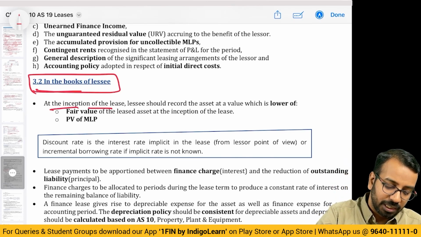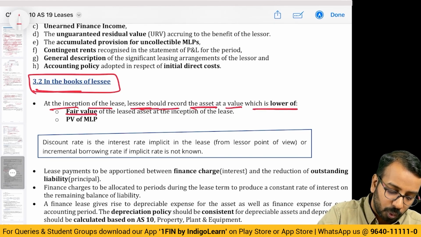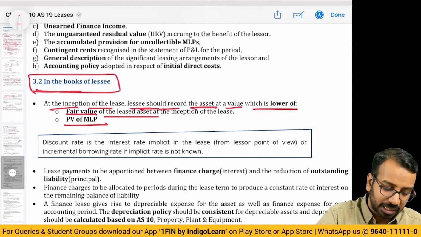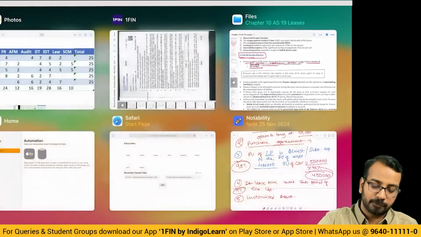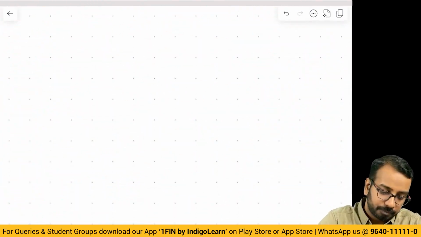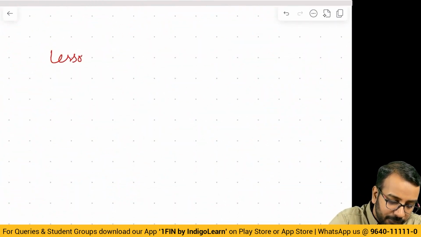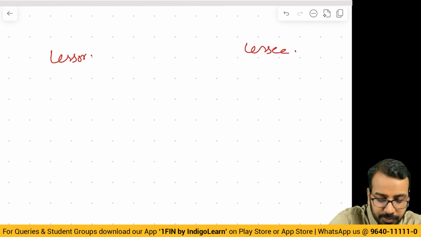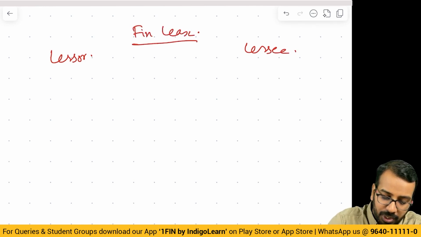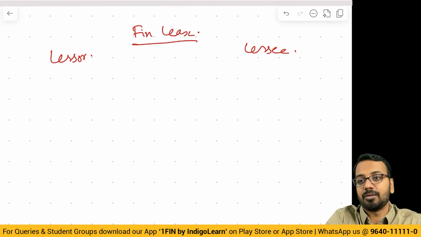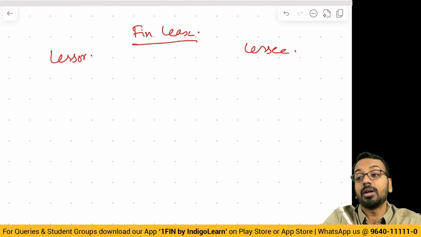So in the books of lessee, at the inception of the lease, lessee should record the asset at a value which is lower of fair value of the leased asset or present value of the minimum lease payment. So what you have to understand is, you have the lessor, you have the lessee. If it is a finance lease, we will apply the concept of substance over legal form.